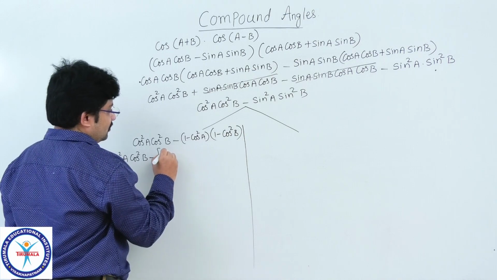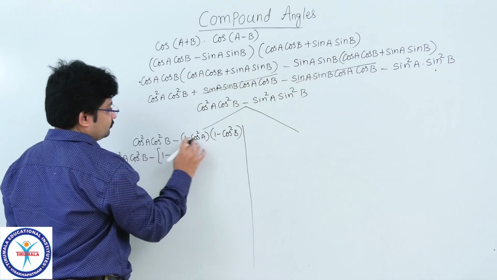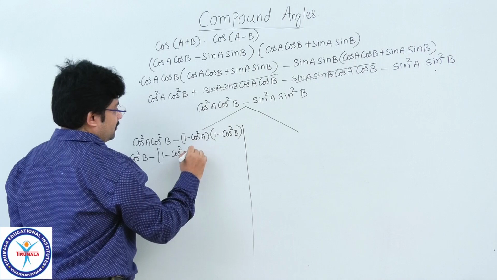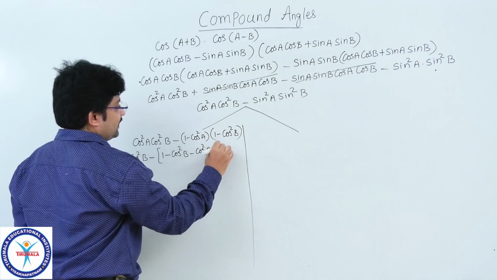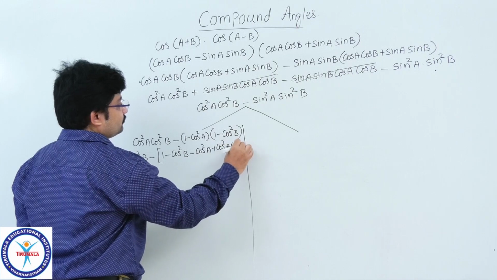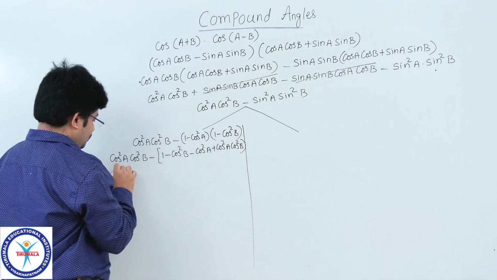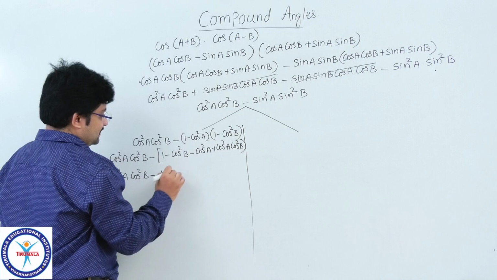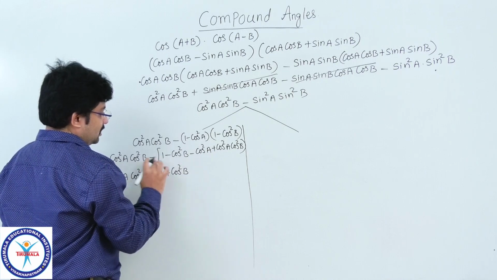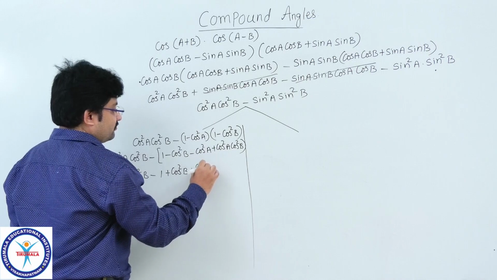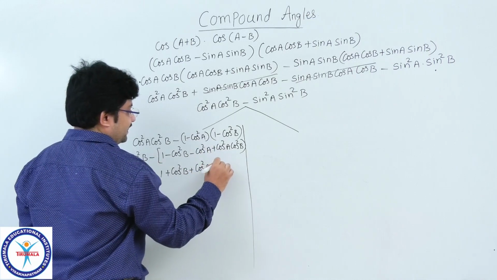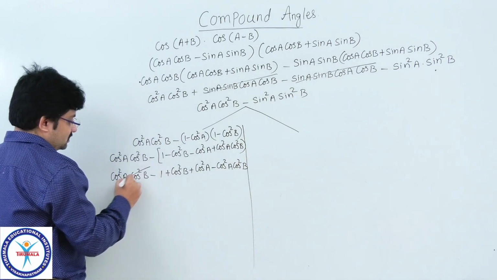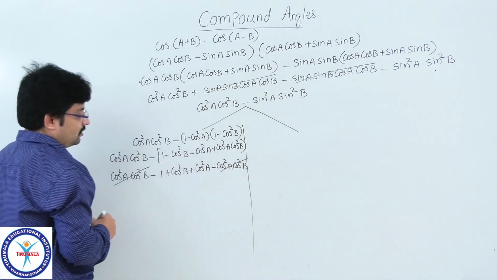That is 1 minus cos square B minus cos square A plus cos square A into cos square B. That is cos square A cos square B minus 1, minus into minus plus cos square B, minus into minus plus cos square A, minus into plus minus cos square A cos square B. Plus cos square A cos square B minus cos square A cos square B get cancelled.